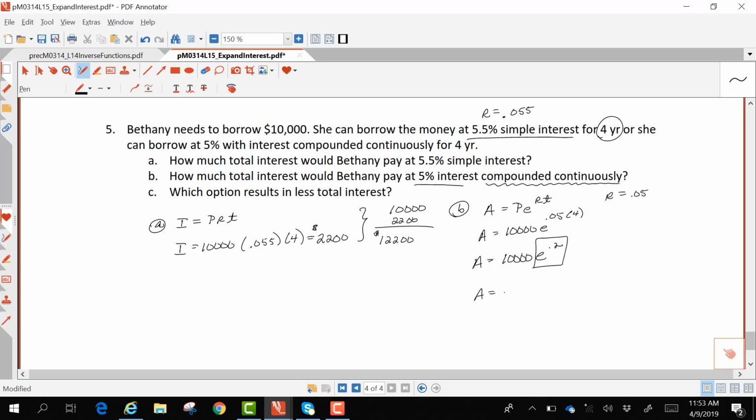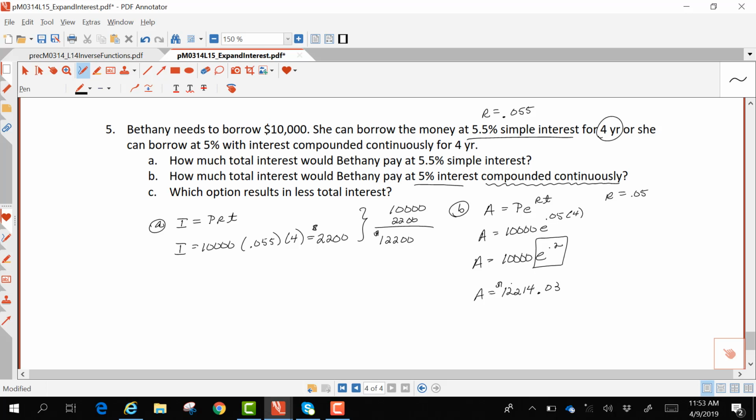When you do this, the result is $12,214.03.